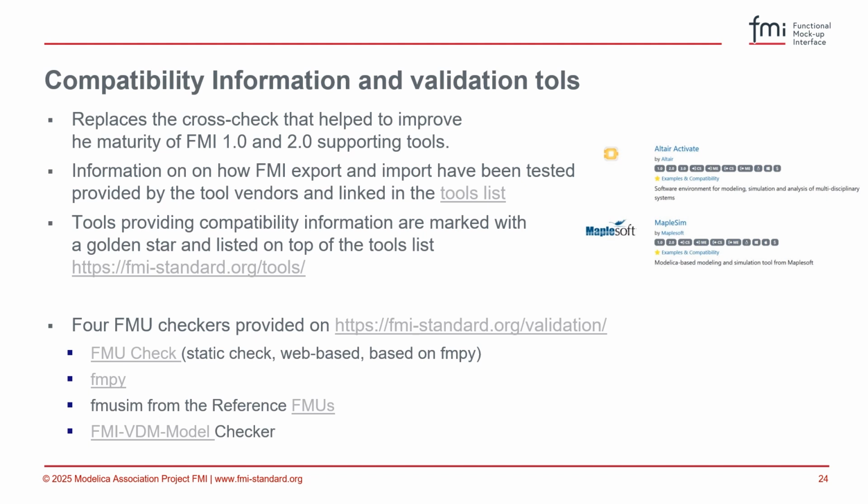And there is FMUSim within the reference FMU repository, which is a standalone tool which can also validate the FMU, the XML file, and also trigger a simulation. And there is the VDM checker that does additional checks. So it's good practice, when you get an FMU from some tool where you do not have much experience, that you check it with one of these checkers.